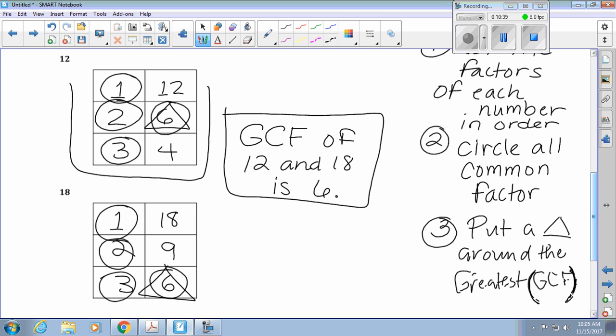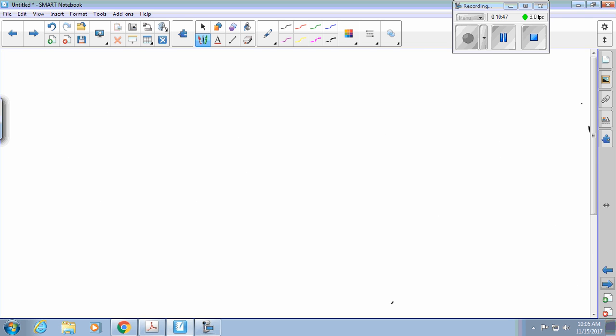You guys want to try some on your own? You're like, I guess. Since we're in math class, we probably have to. All right, so if you guys could flip to page 37. We are on page 37 where we have some blank lines, and the kids are going to find the GCF, or the greatest common factor, of 15 and 20.